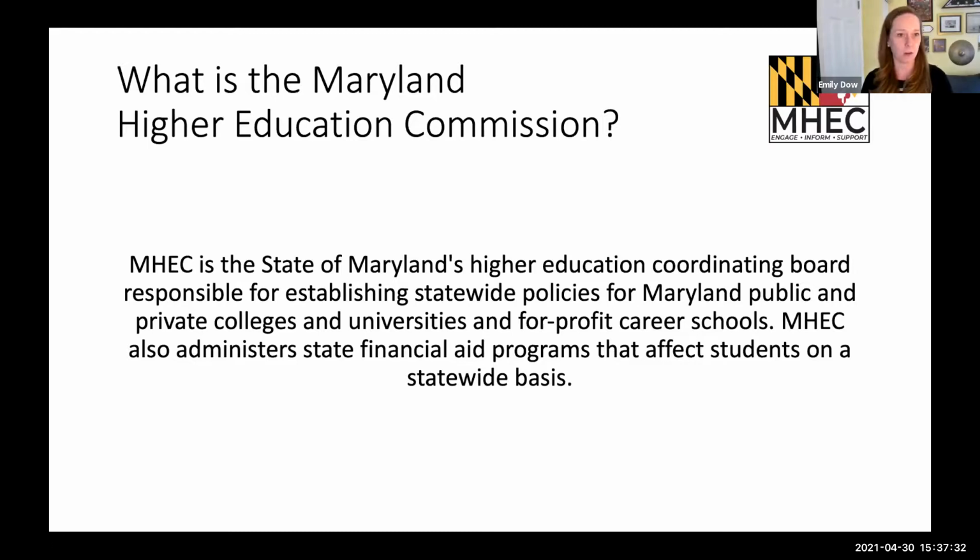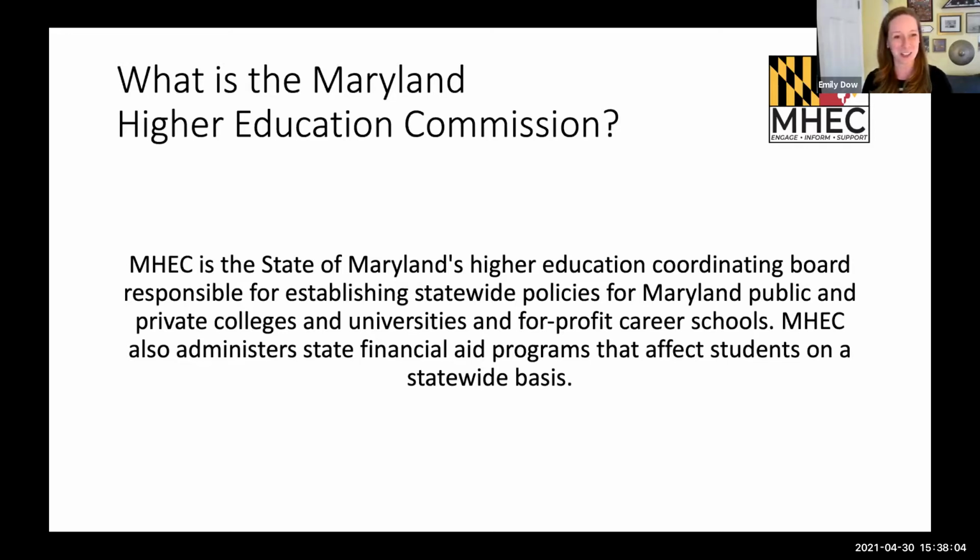So we work with all of our colleges, universities, public, private, 2-year, 4-year, undergraduate, graduate training, and our private career schools, those small, often mom and pop cosmetology schools, truck driving schools. So we run the gamut. We work with maybe about 200 or so institutions throughout the state, including out-of-state institutions that operate here in Maryland and institutions that offer distance ed.